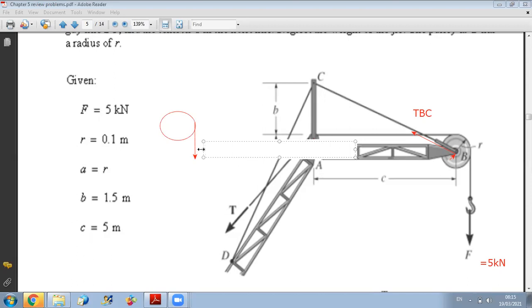This is F. And from the other side here, I have the tension in this cable. So here, since I have one cable, the tension is the same over the cable. So the tension here is equal to tension T.